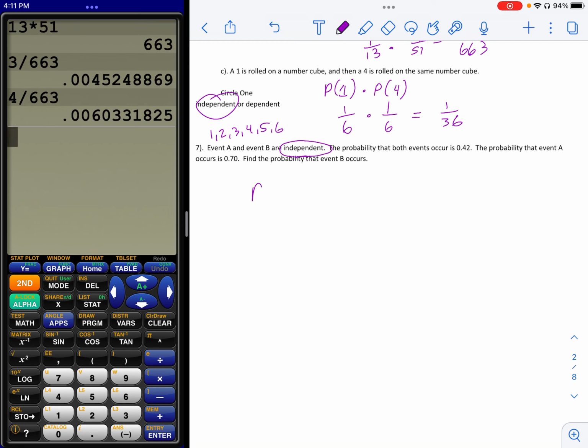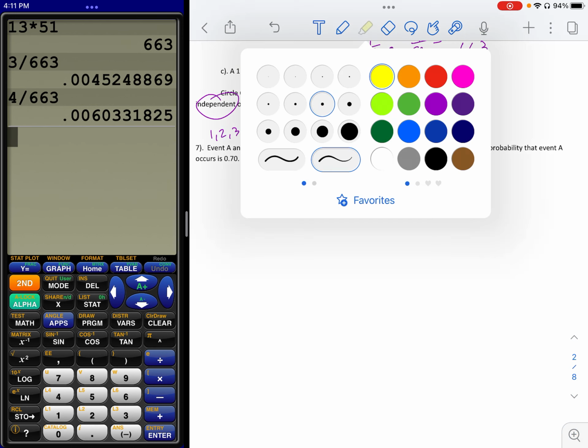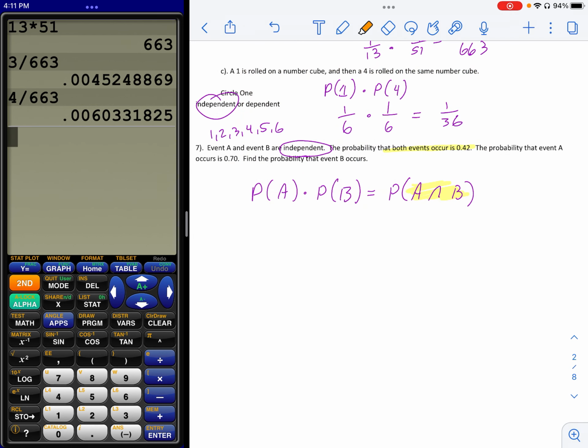I know that the probability of A times the probability of B equals the probability of both of them happening, A and B. And they have given me some of this information. They have given me both events, that's this. And they've also given me the probability event A occurs, that's right here.